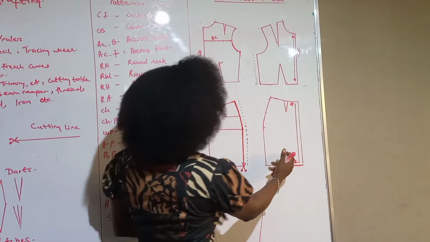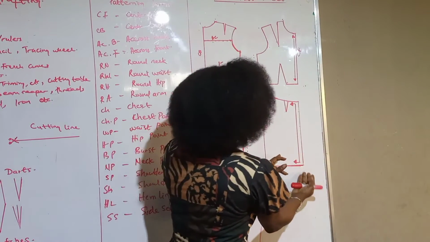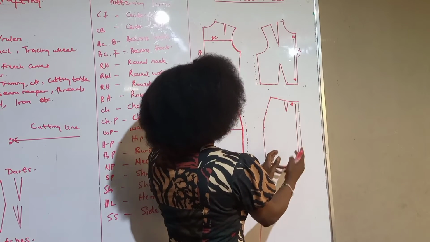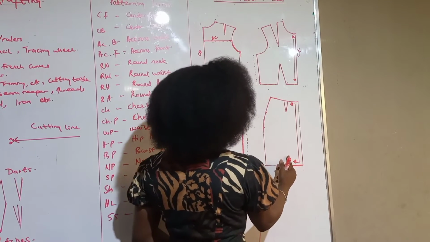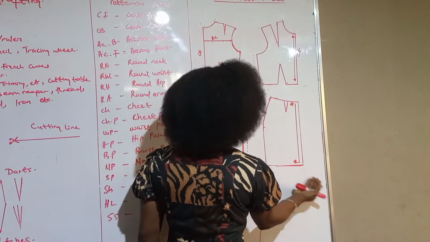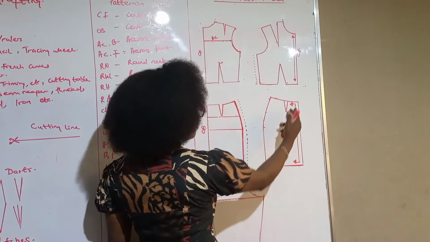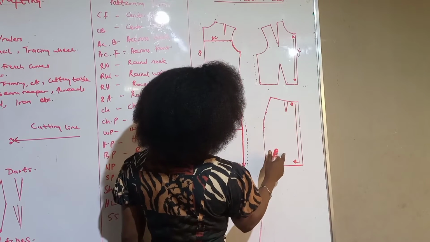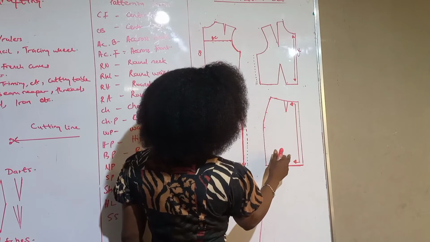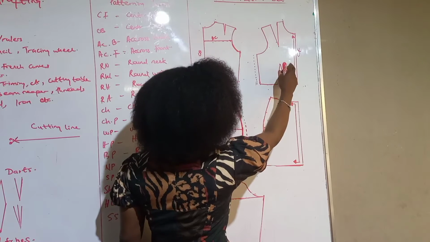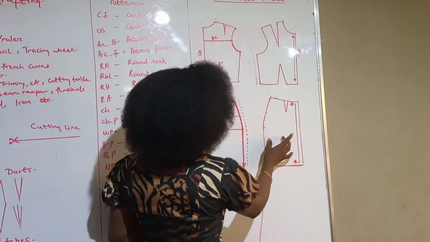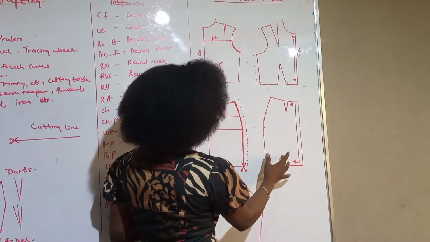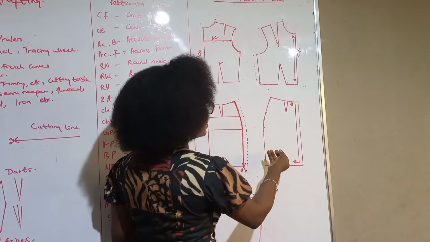Then this one is telling you that the fabric has to be on fold before you place your pattern on it. This symbol simply means fold. This one means grain line. Most of the time, the pattern is drafted with a quarter of the measurement.